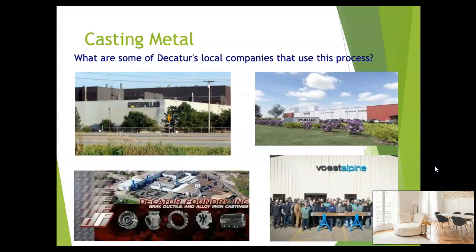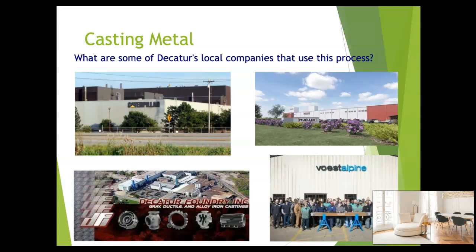Here in Decatur, of course, Caterpillar uses metal castings for a lot of their component parts. So does Mueller. Of course, they are different. Mueller's typically going to be using more brass and bronze in their foundry process. Caterpillar is going to be using more cast iron, gray iron, and other types of steel products.